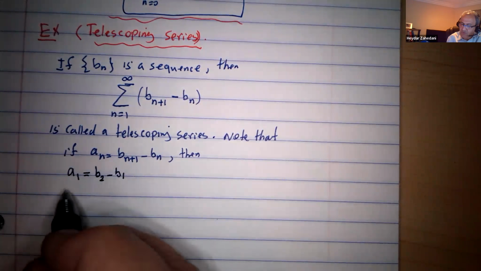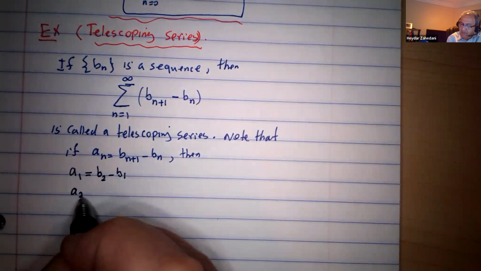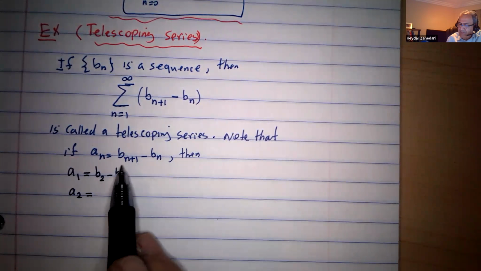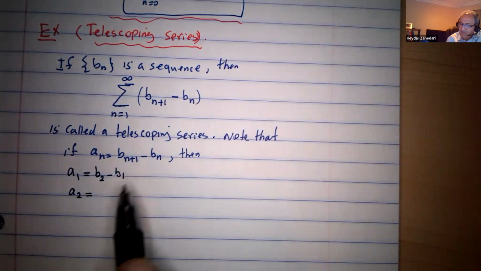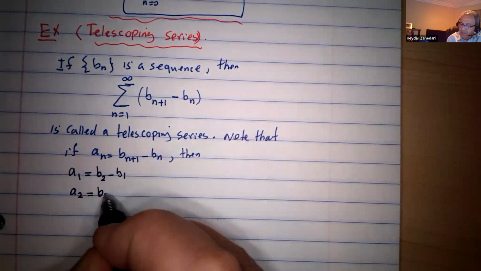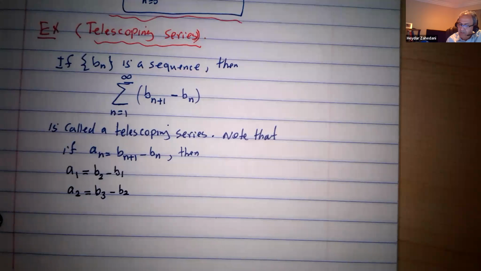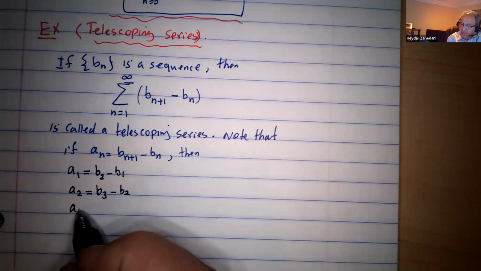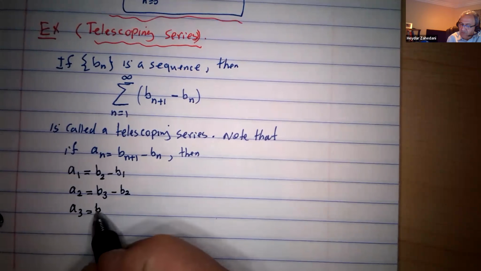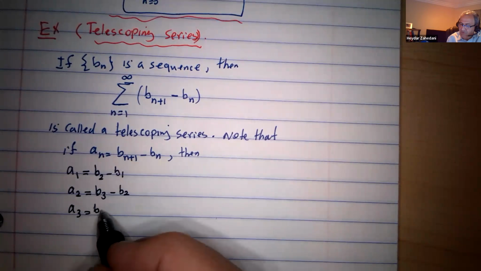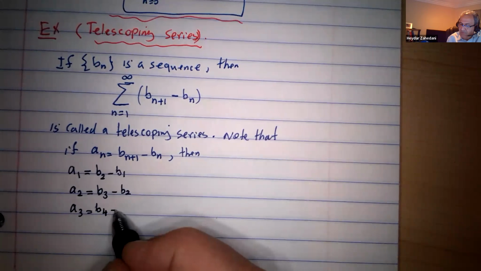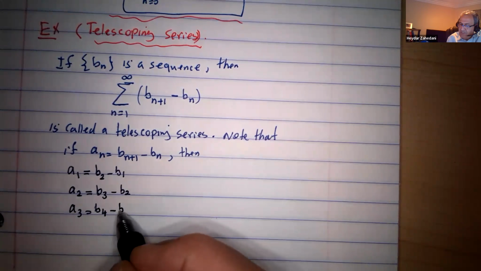Then what's going to be A2? A2, replace n by 2, that gives B3 minus B2. If we replace n by 3, that gives A3, which is going to be 3 plus 1 would be 4, that gives B4 minus B3.